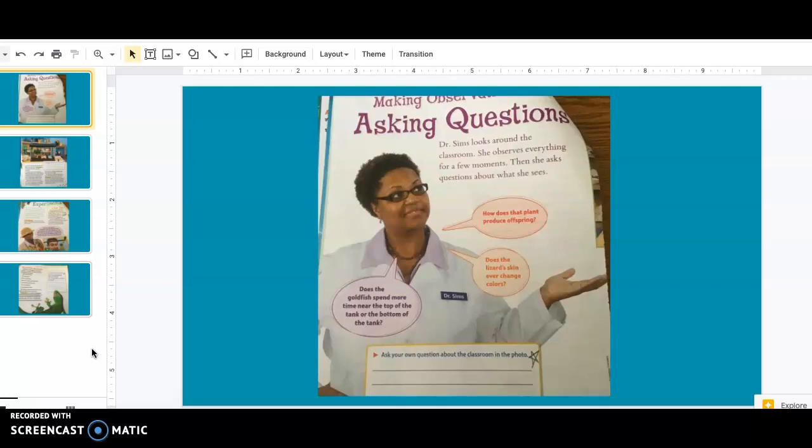So now you are going to look at the photo of the classroom that's on the next page and ask your own question about the classroom in the photo. Remember, when asking a question, you need to have a question mark at the end of the sentence, and every sentence needs a capital letter. So please come up with one question about the classroom photo that's on page 7.